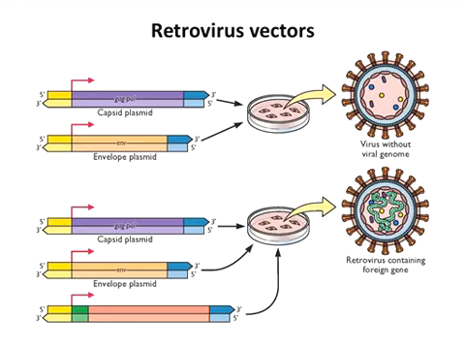So if you take two plasmids, one encoding the capsid proteins and one encoding the envelope proteins, and put those in cells, you will get empty retroviruses. So the full capsid is made without a genome. All you have to do is put your gene of interest into a third plasmid. You now get a retrovirus with your foreign gene. These will infect cells, but they will not replicate because they're missing a lot of the key proteins.